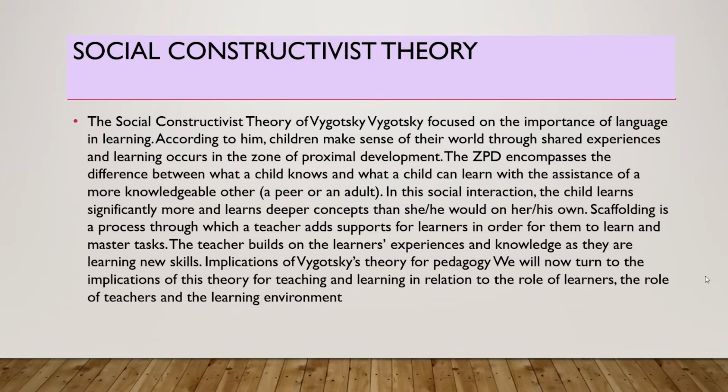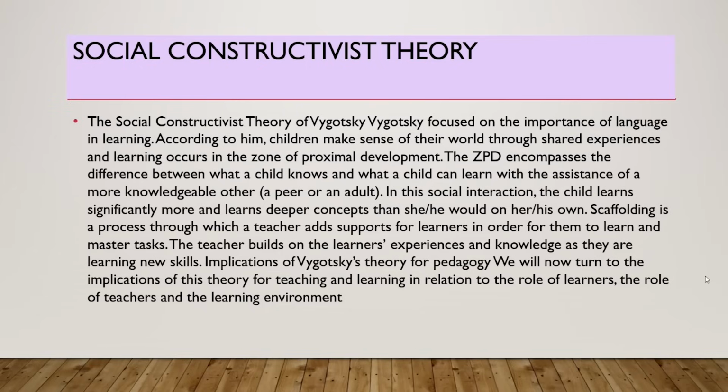So in social interaction, the children learn significantly more and deeper because you are the scaffold that bridges the gap between what they don't know and what they know. You do this by giving the child support, by creating that building block and asking probing questions that give the child the experience and knowledge that they need to learn the new skills.